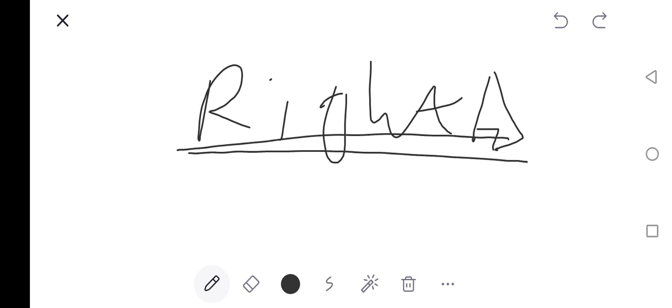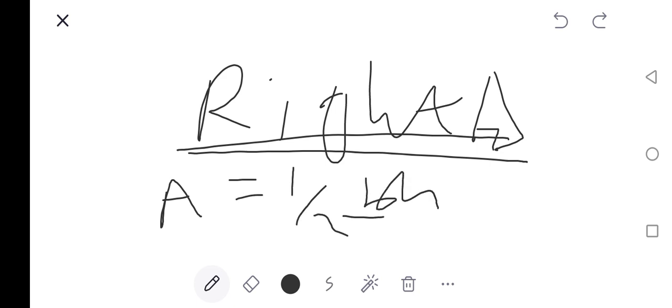Good question. In paper 2, we don't deal with right angled triangles. It is in paper 1 where we deal with right angled triangles, and we don't use this formula. We use area equals half BH. So for paper 1, the base does not change. It's always the same.